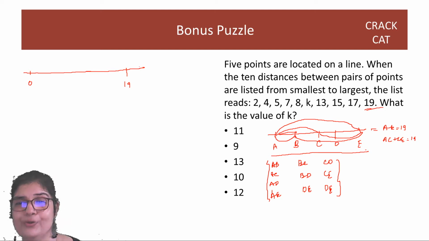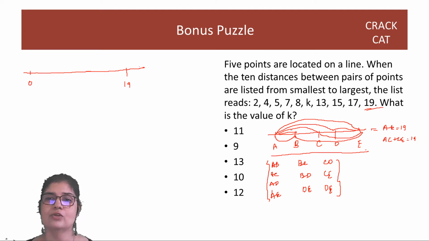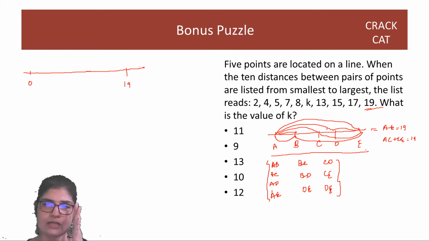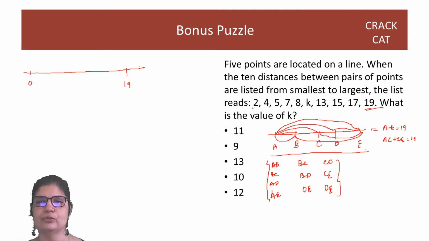Finally, you have one more case, AD plus DE is equal to 19. Okay, so let's try and use this, guys, to find our points. Great. So first, which two numbers add up to 19? 2 and 17. So we can put the third point as 2.